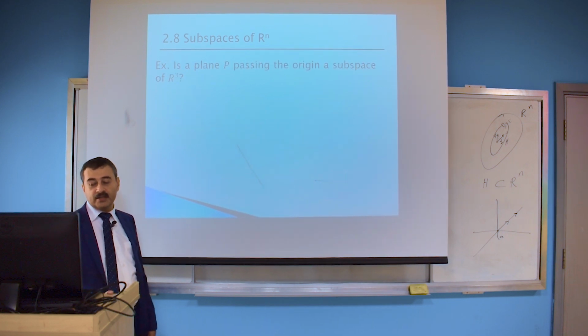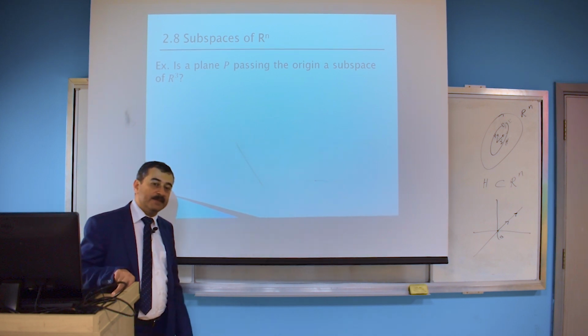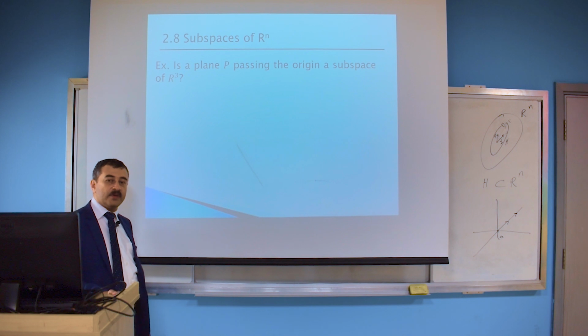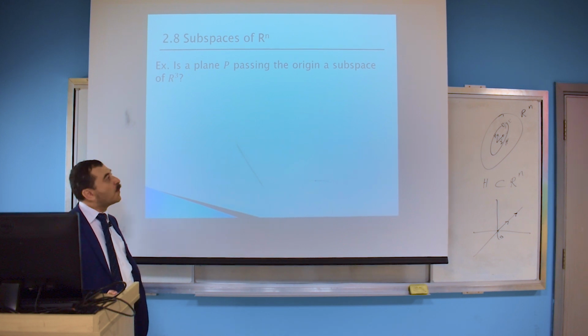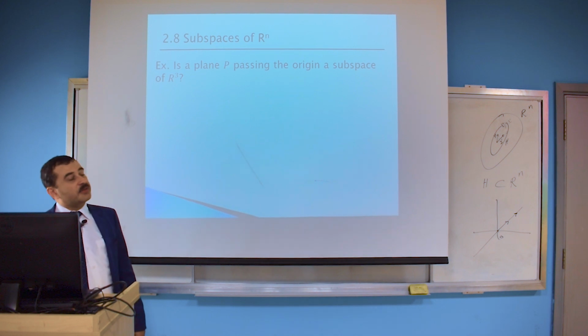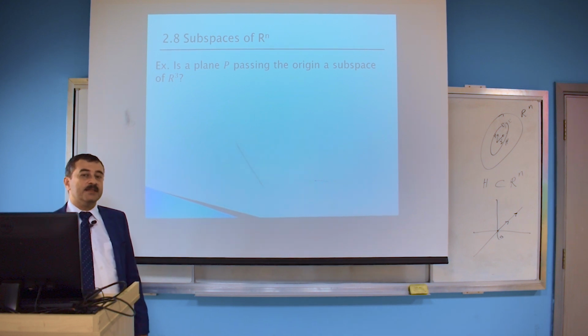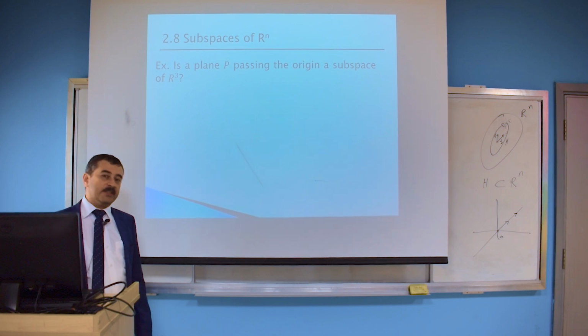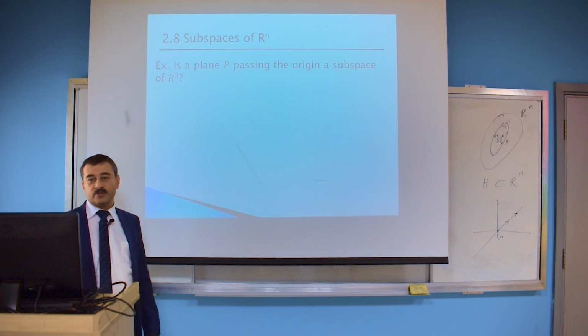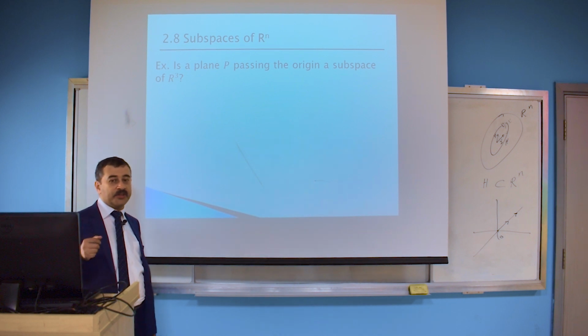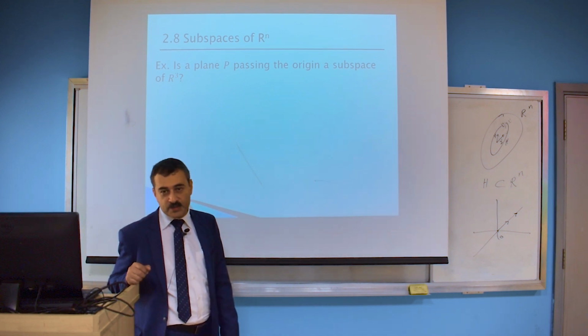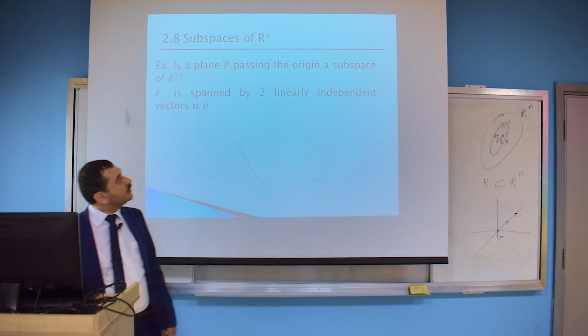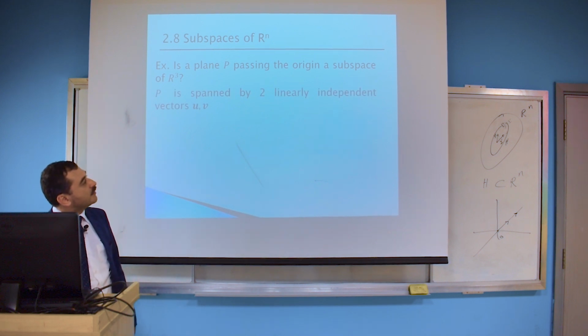What about a plane passing through the origin in R3? If you remember, any plane in R3 can be spanned by two linearly independent vectors in R3.